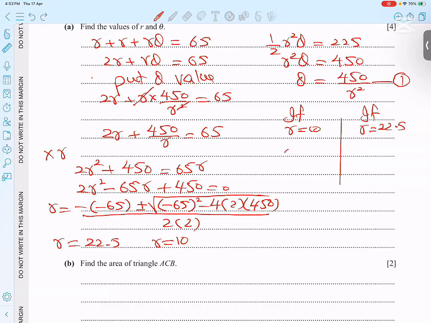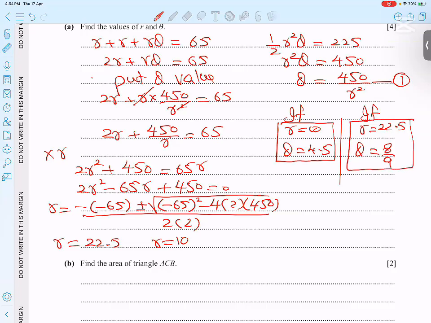So theta is becoming 4.5. And if I plug in 22.5 squared, I'm getting the other answer to be 8 by 9. So these are the pairs we are looking for. I hope the point is very clear.